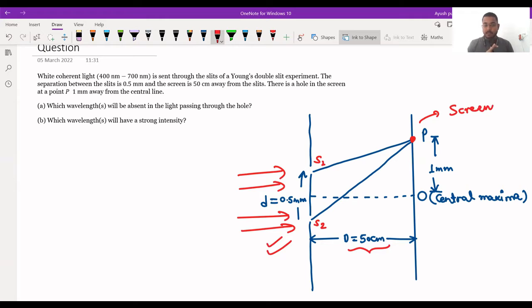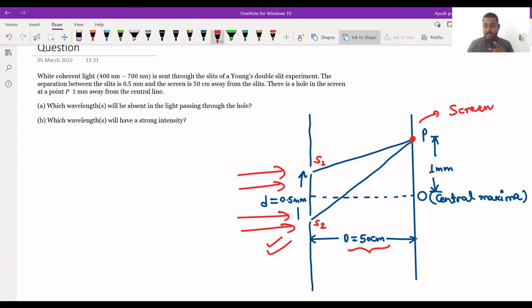If that light is absent, the minima of that light should be formed at this point, means the dark fringe should be formed. If the dark fringe is formed, then zero intensity will be there, and that light will be absent. That is what is asked: which wavelength will be absent in the light passing through the hole.